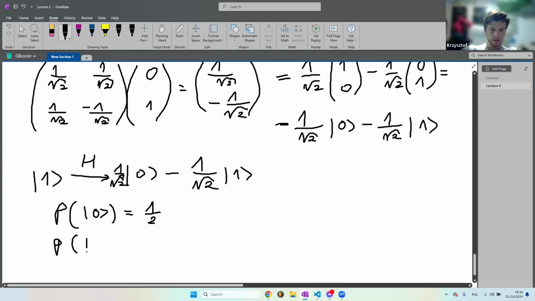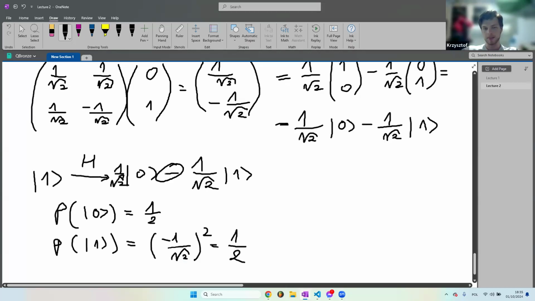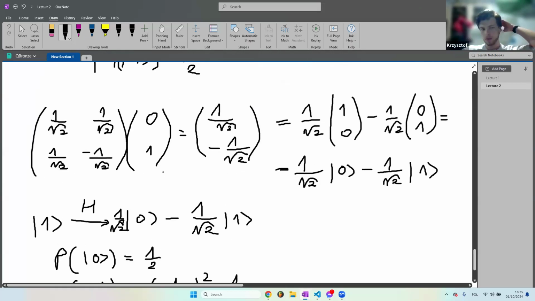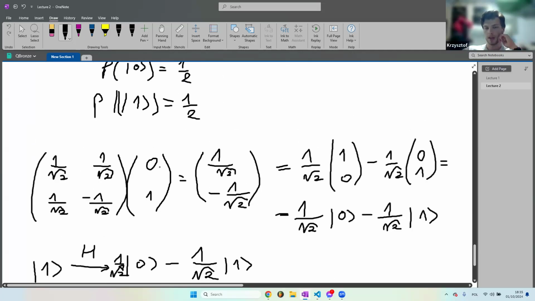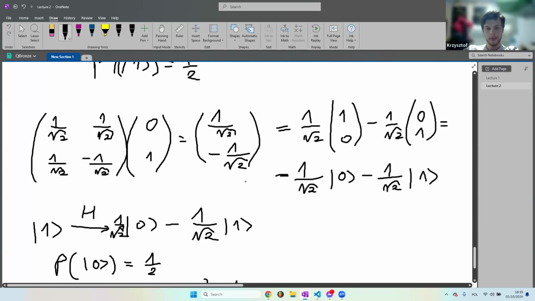And the probability of measuring state 1 is minus 1 over square root of 2 squared, which is equal to 1 over 2. So you can see that this phase, this minus here, is only relevant to the computation of quantum gates. This would be very important, for example, in the teleportation protocol.